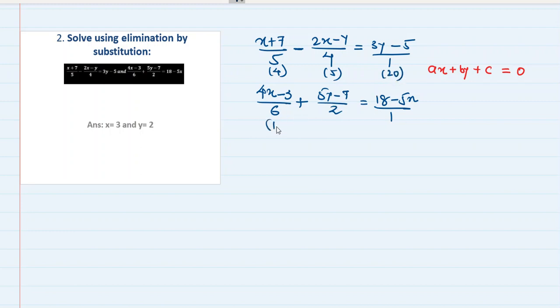Here 6 1s are 6, 2 3s are 6, and 1 6 is 6. Right? Take the LCM throughout, it will become 4 bracket x plus 7 minus 5 bracket 2x minus y is equal to 20 bracket 3y minus 5.